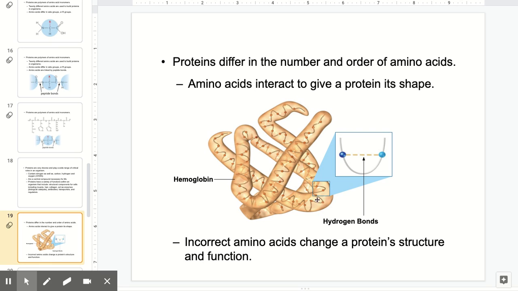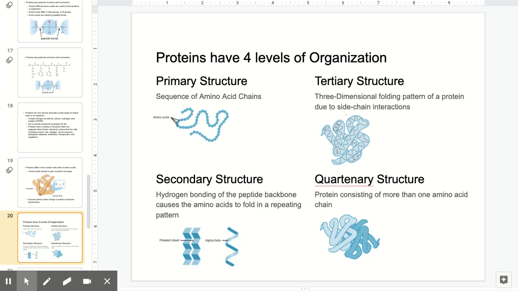And then the amino acids fold upon themselves and fold upon themselves, and we get this unique structure. So if one of the amino acids gets mutated or changed, this can drastically affect a protein's ability to function, even just one amino acid.